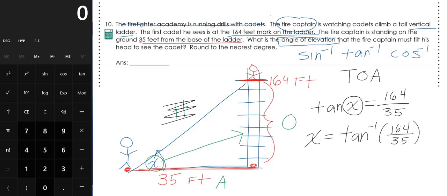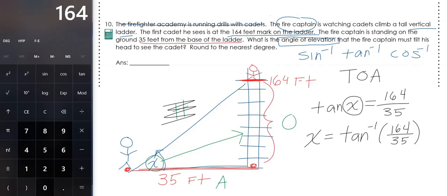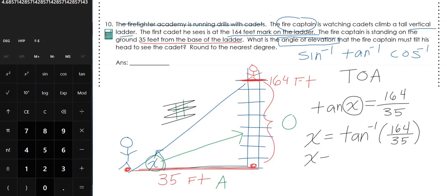So I'm going to go to my calculator. I'm going to type in 164 divided by 35. So it's approximately 4.68, and so on. So going back to my work here, x equals tan to the -1 of 4.6857, and so on.